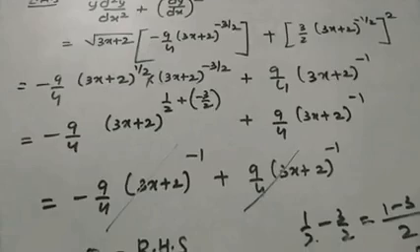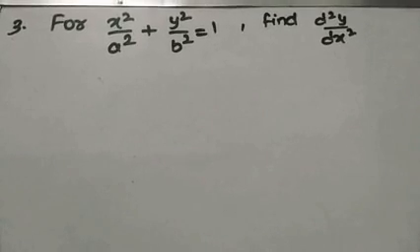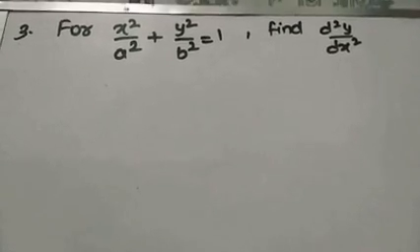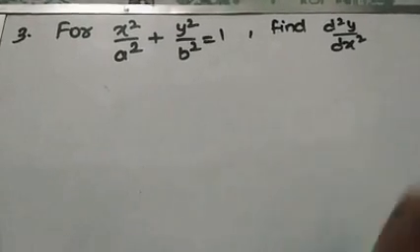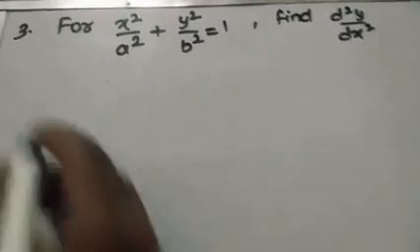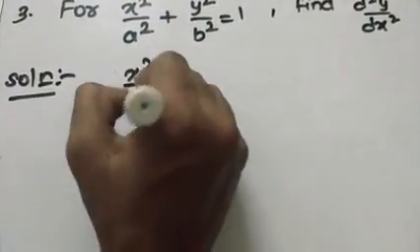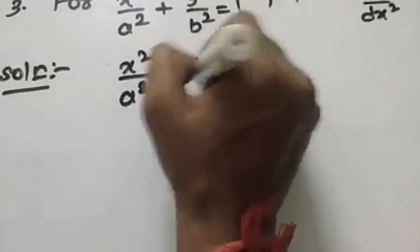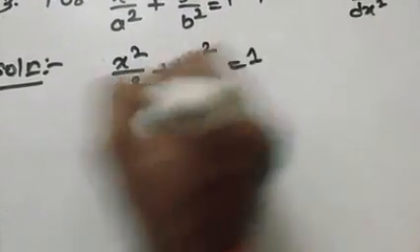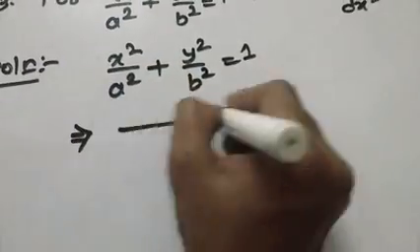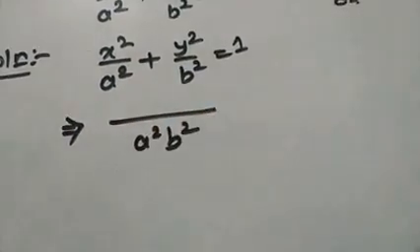Clear? So now the question number 3. For this expression we have to find d2y by dx2. It is very simple. First of all, what we'll do, we will take here LCM. That is LCM is a square b square.